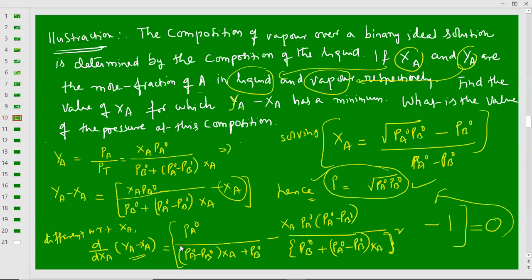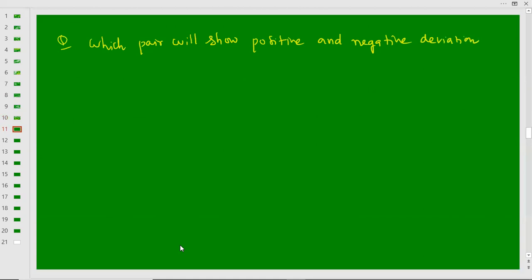Now we will take another simple question. Which pair will show positive and negative deviation from Raoult's law?